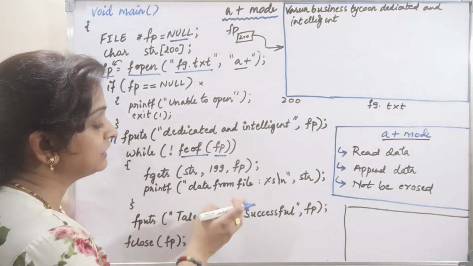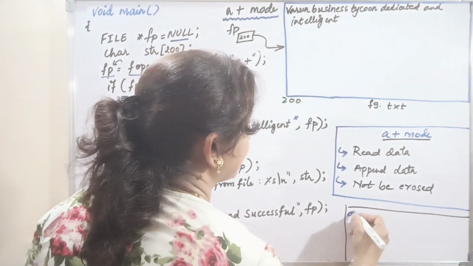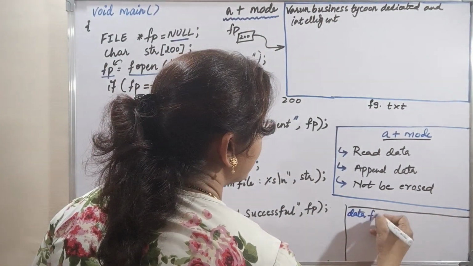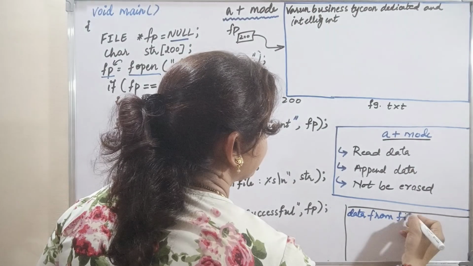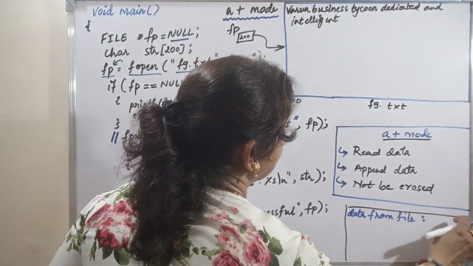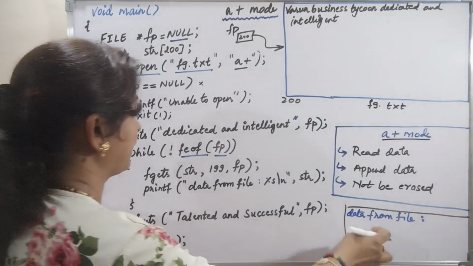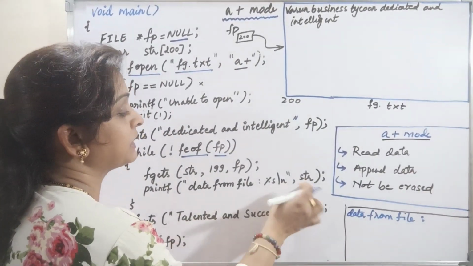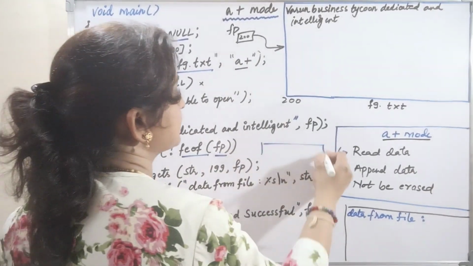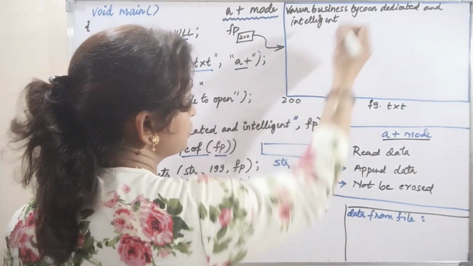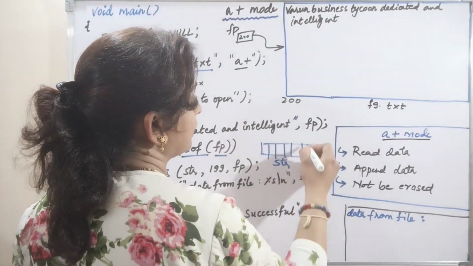Then I am printing that data. In the output screen, I will be getting the message "Data from file:". You get the data in the same line, but let me write it here. Percent s, print the data. So in the array str, I am going to store that sequence of data.